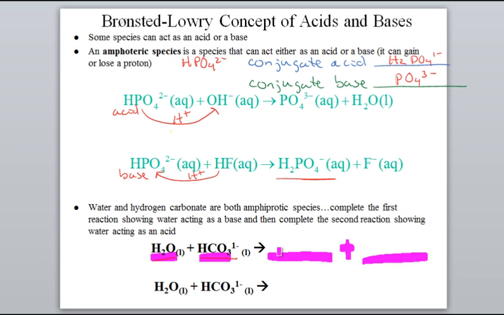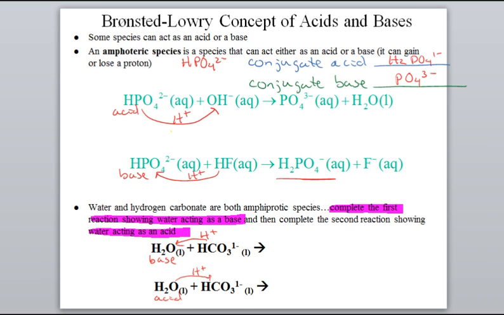The conjugates of both are going to be formed. You're told in the problem whether water is acting as an acid or a base. In the first one, it's acting as a base. In the second one, it's acting as an acid. So go ahead and complete both reactions. Pause the video. Unpause the video when you're ready to check your answer.